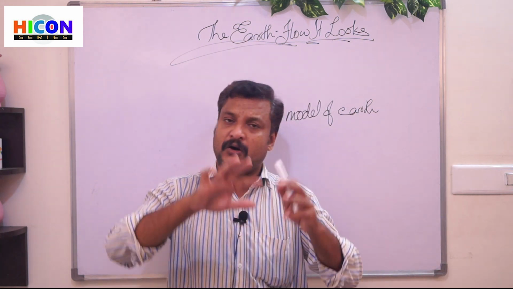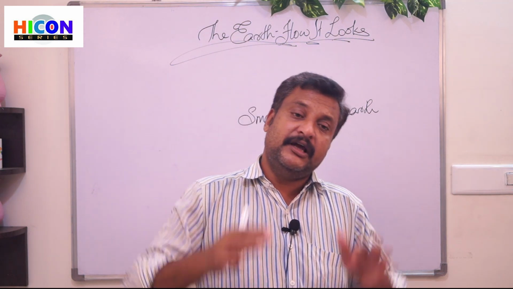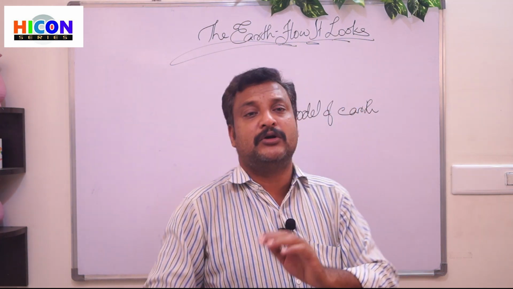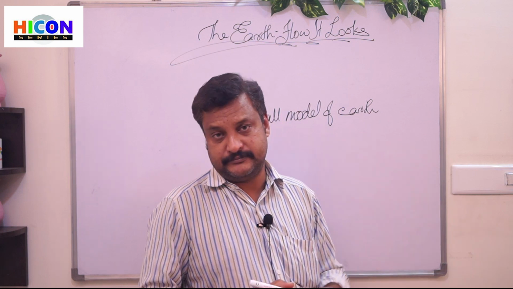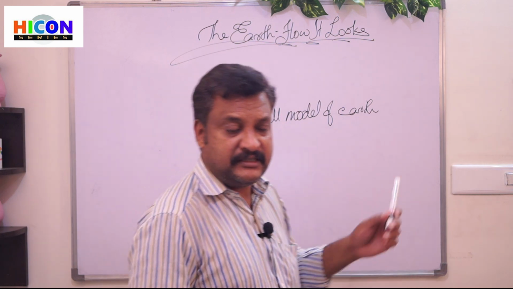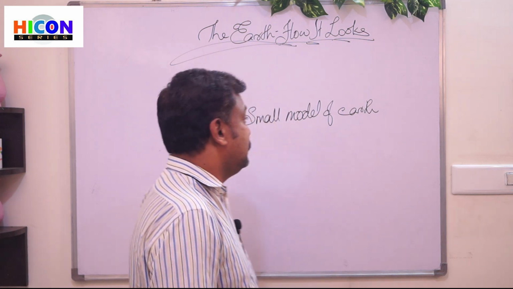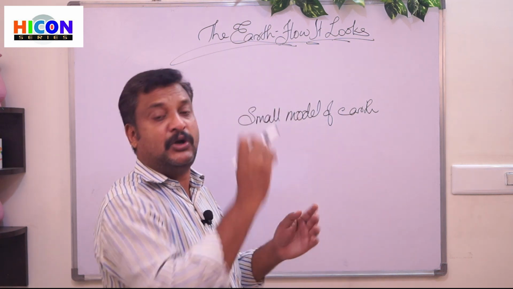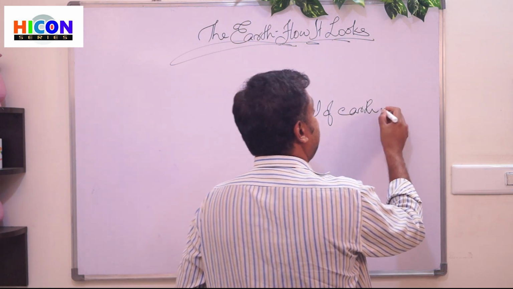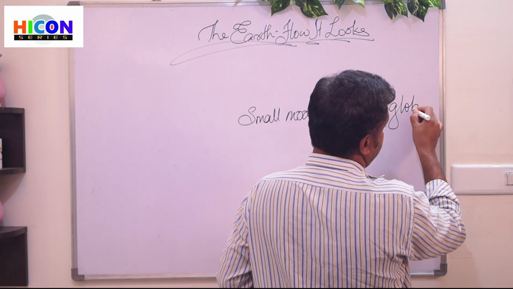We gathered all this data and we printed all these on this small model. And this small model of the earth, which has all the details printed on that, is called a globe.